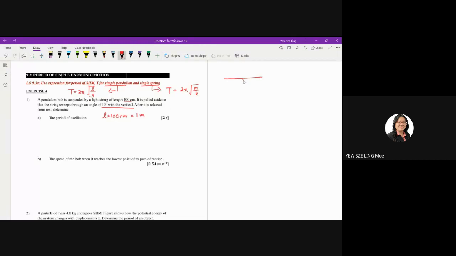Okay, so this is your hanging place. The pendulum initially hangs on the vertical line. So vertical means this straight line. This is vertical. 10 degrees from vertical means now your pendulum is somewhere here and it makes an angle of 10 degrees with the vertical.